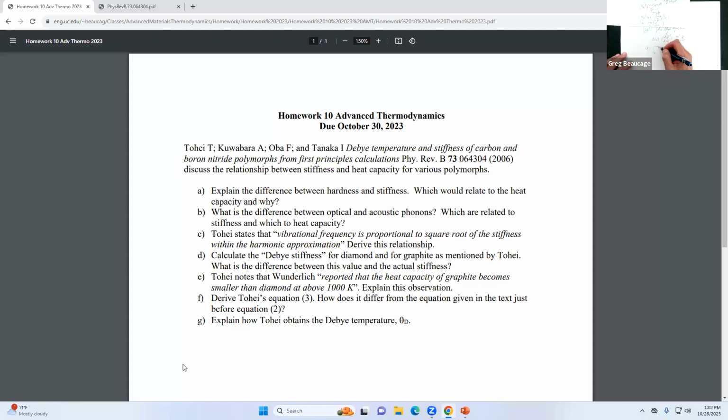So you go from 0 to ω_D, and that allows you to solve it. You end up with an integral form, but it lets you solve it. So dω, the volume of the unit cell, ω squared over 2π squared v_s cubed, and this Boltzmann factor, e to the ħω/kT minus 1.